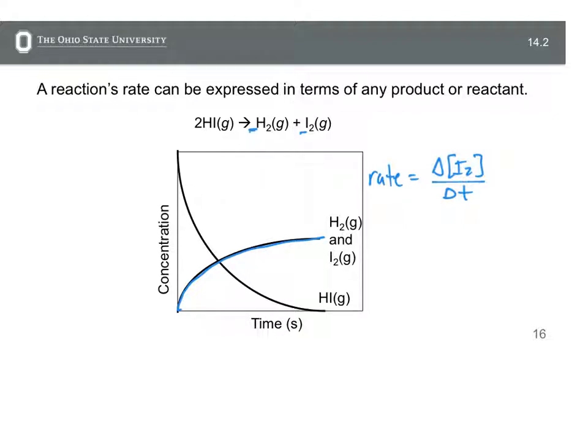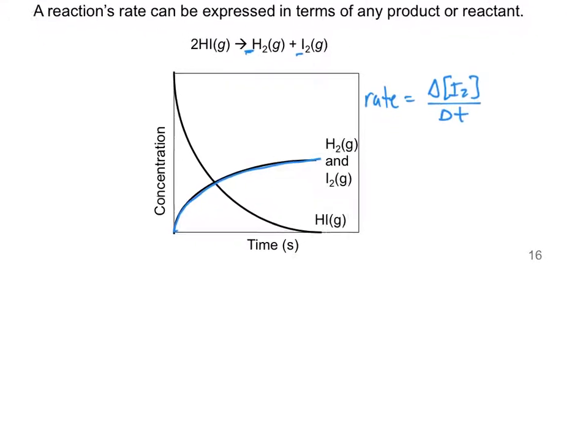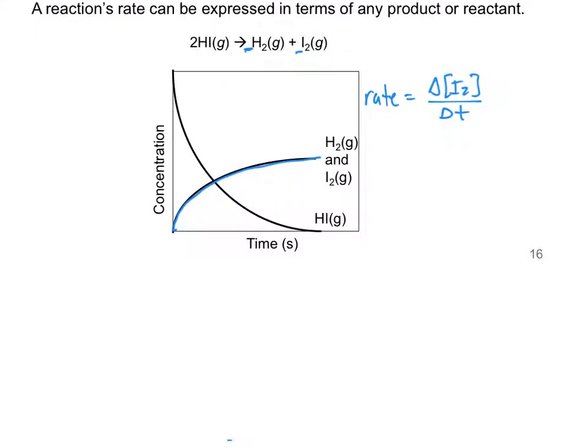If we write out our rate for the disappearance of HI, again, we're going to use 1 over our stoichiometric coefficient, which is 2, times the change in HI concentration over the change in time. We're going to be able to relate this to the formation of one or both products, but let's just relate it right now to the formation of H2.